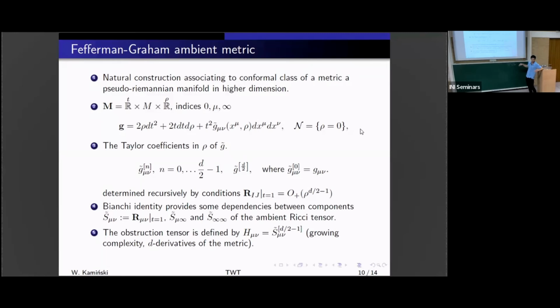At this order we can have something non-zero. And if one looks carefully, this recursive determination provides that G1 will be higher order, so it will already be the second order of the metric. G2 will be 4th order, and so on and so on. So this obstruction tensor is very high order.